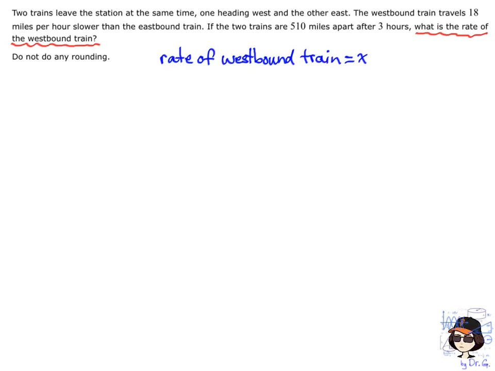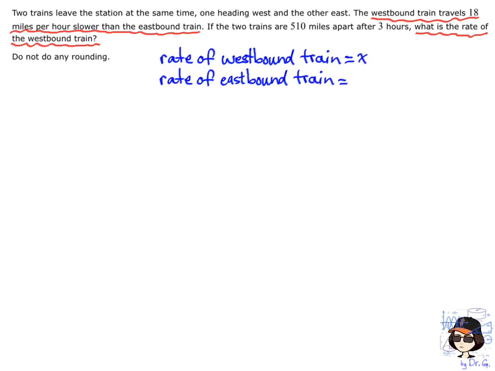Okay, so now there's another train in the problem, and it also has a rate and a distance. So we need to write down something for one of those. Since we've already written down the rate of the westbound train, let's write down the rate of the eastbound train. In this problem, the westbound train is 18 miles per hour slower than the eastbound.